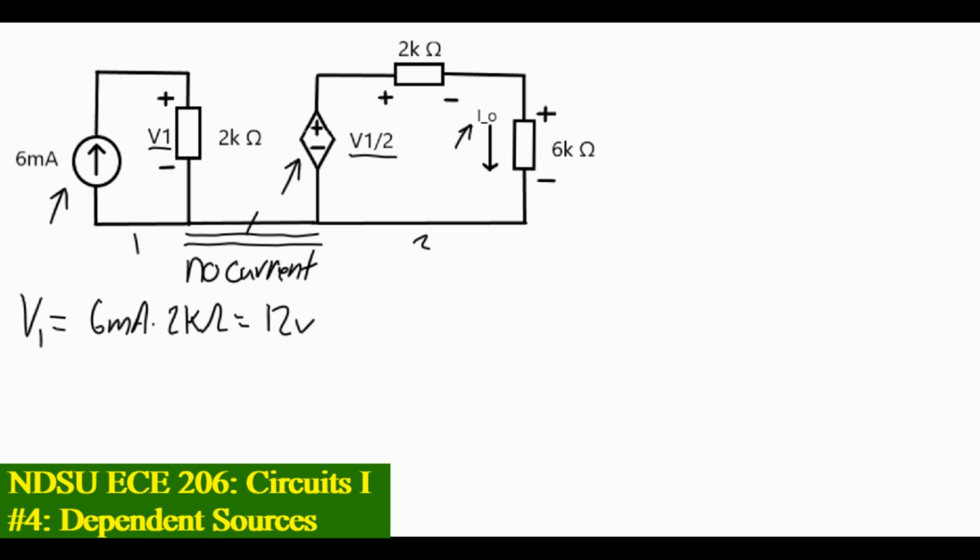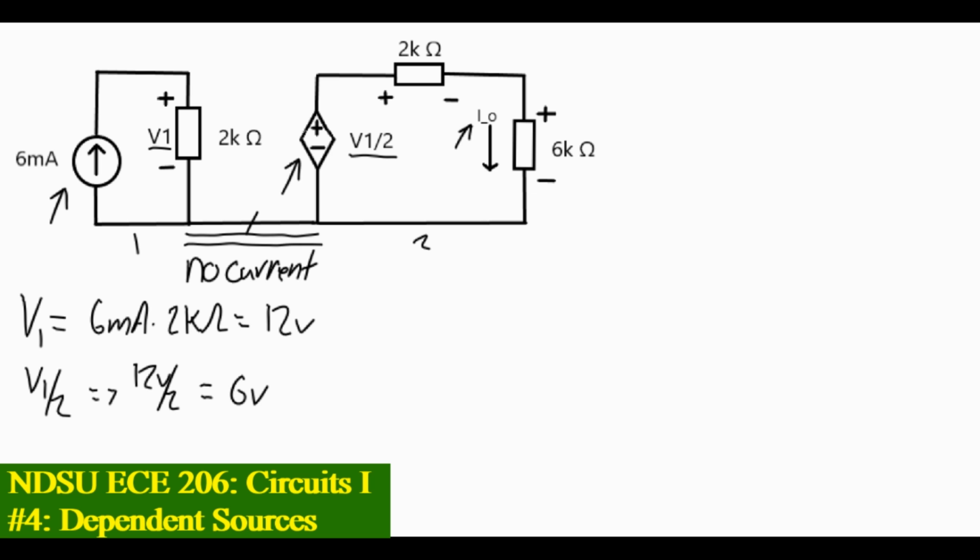Easy, right? Our designation for the dependent source is V1 over 2. That's going to be 12 volts over 2. That dependent source is supplying 6 volts to part 2 of the circuit on the right side there.